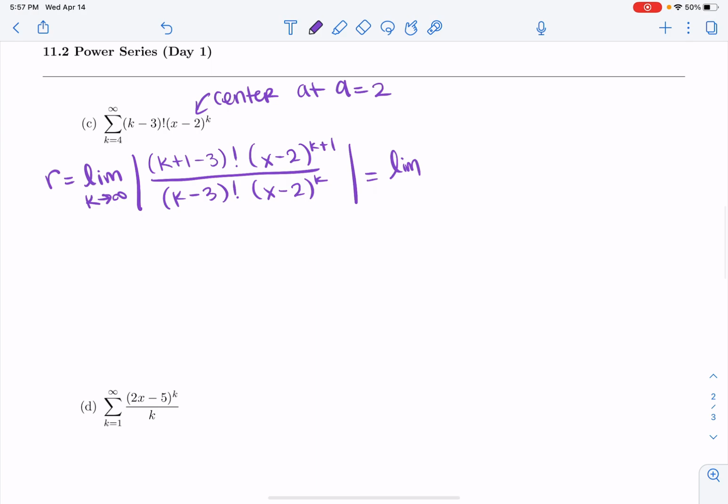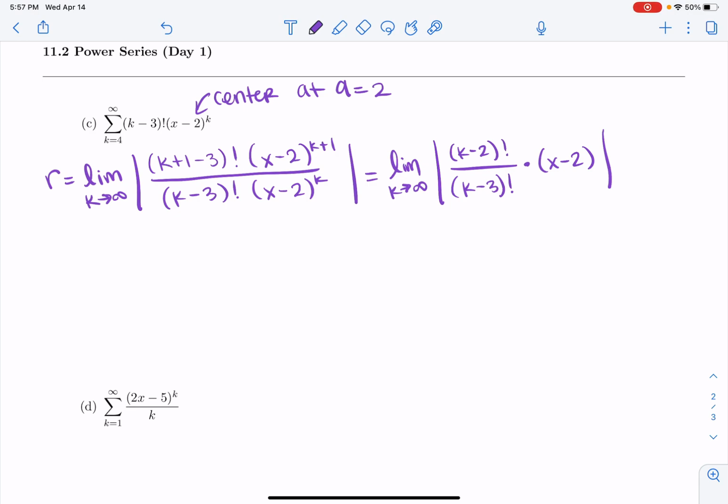This is equal to the limit as k approaches infinity. We have k plus 1 minus 3 is k minus 2 factorial divided by k minus 3 factorial, and then x minus 2 to the k plus 1 divided by x minus 2 to the k just leaves us with x minus 2, a single power.